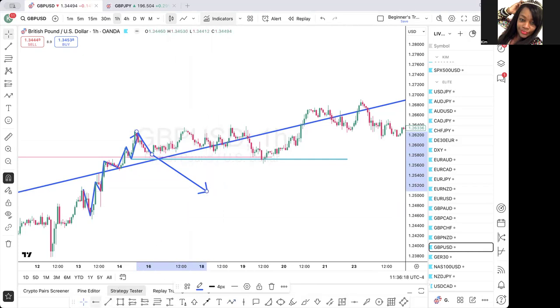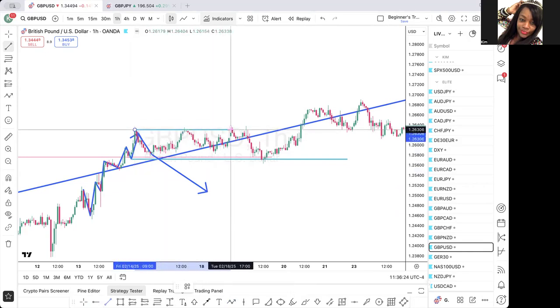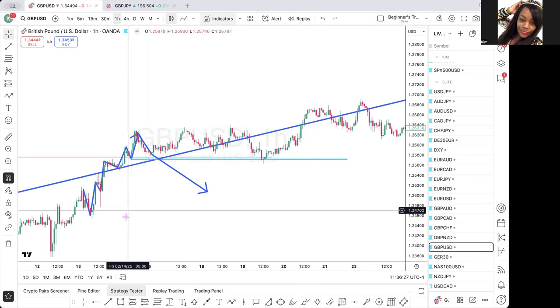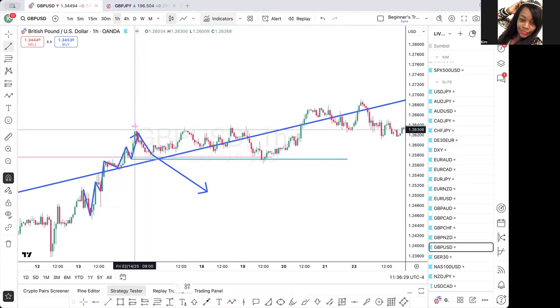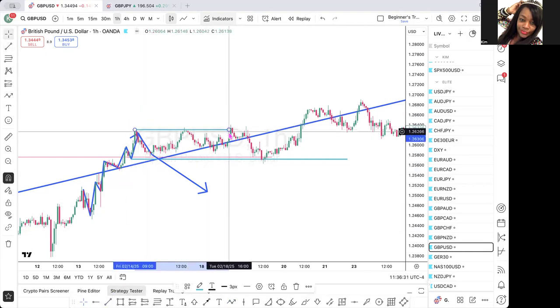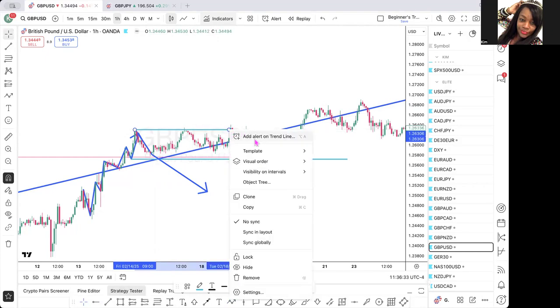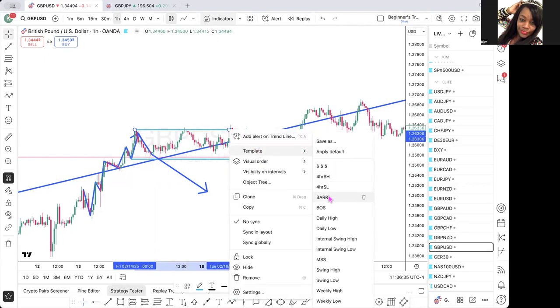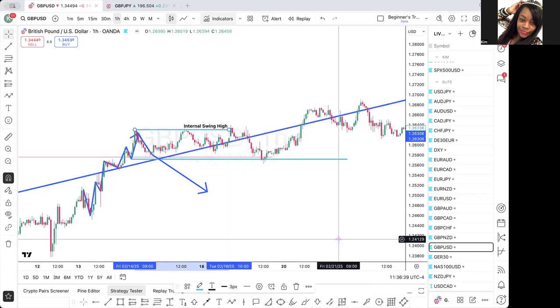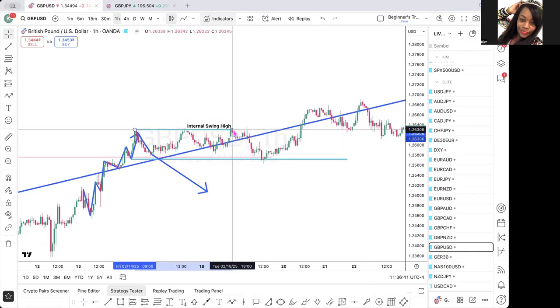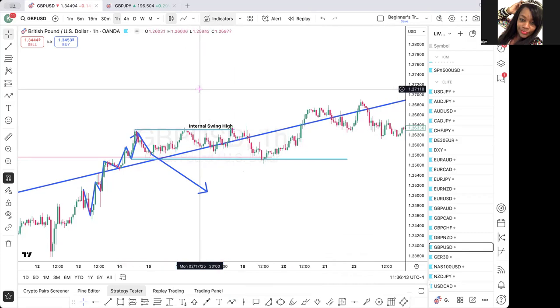Once you get a break of the high or the low, there was a break right here. I'm going to just put the internal swing high right here. Once you get a break, that is an indication that price is going to continue buying.